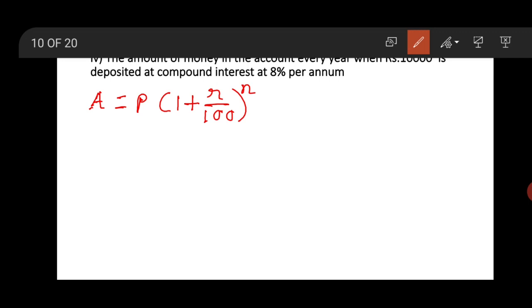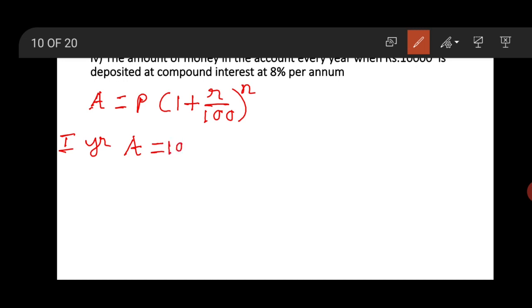So we apply this formula to solve this problem. For the first year, let us find out the net amount A. Substitute the values.